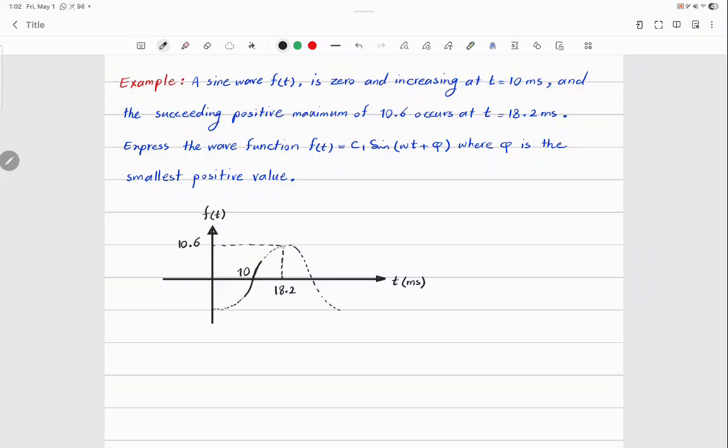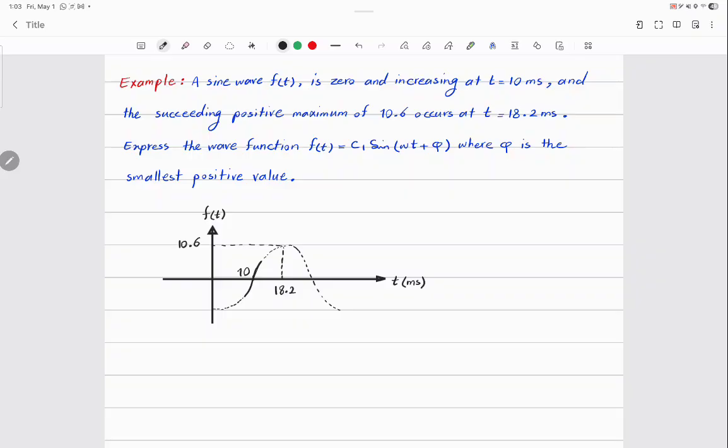It's given to you. The maximum of 10.6 occurs at t equals 18.2 milliseconds. Okay, it's asking you to express the function in the form of C1 sine of omega t plus phi, where phi is the smallest positive value.